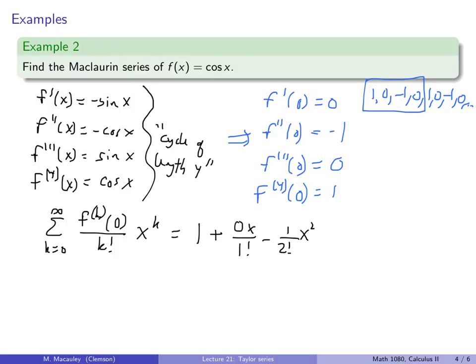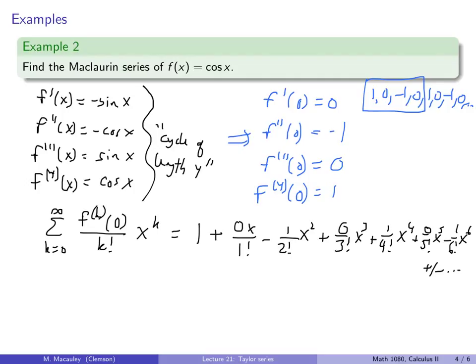Then we have plus 0 over 3 factorial x cubed, plus 1 over 4 factorial times x to the 4th. Let me keep going with this. Plus 0 over 5 factorial, x to the 5th, and I think I have room for one more, minus 1 over 6 factorial, x to the 6th, and then we have this plus or minus, and it just goes on like this.